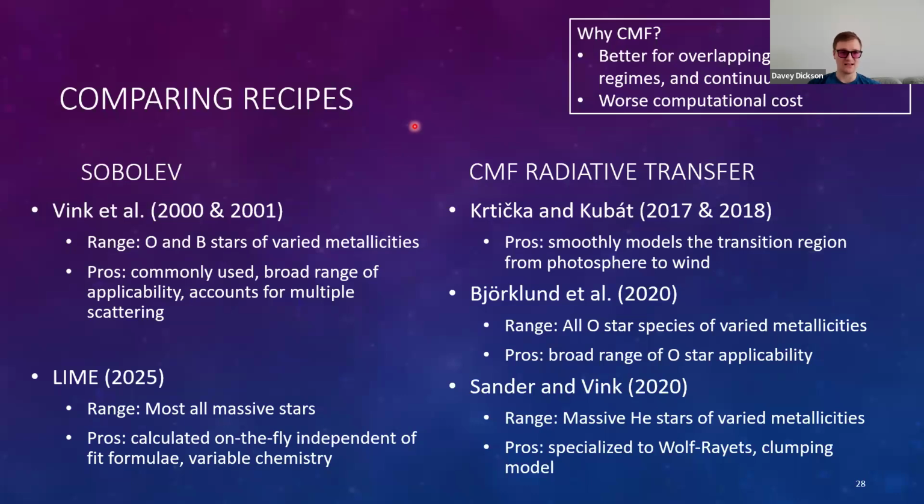Because of that, even to this day, one of the most commonly used models is the Vink models from 2000, which has a wide range of papers that you can compare your own observations to because of that commonality.